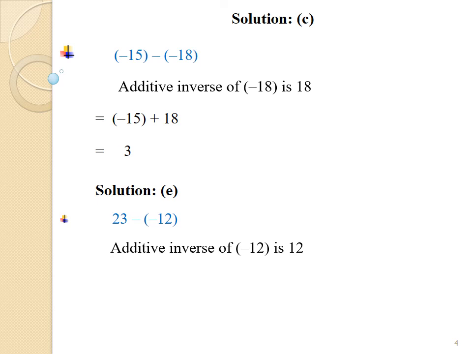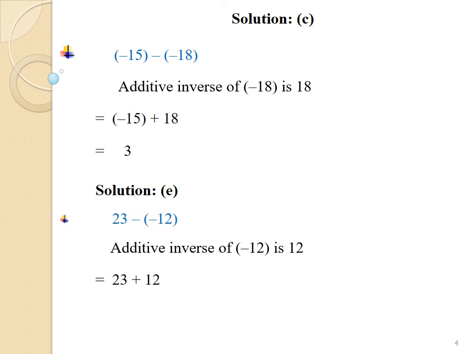Now let us convert the subtraction sign into an addition sign and write the additive inverse of minus 12. Thus, converting the subtraction sign into an addition sign and writing the additive inverse of minus 12, which is 12, we get 23 plus 12.